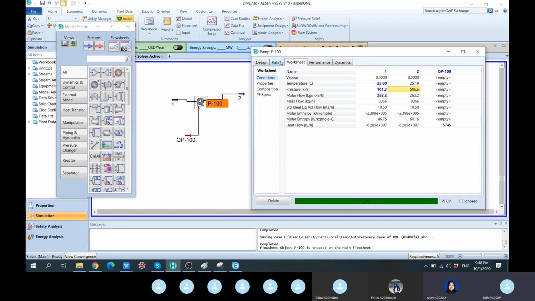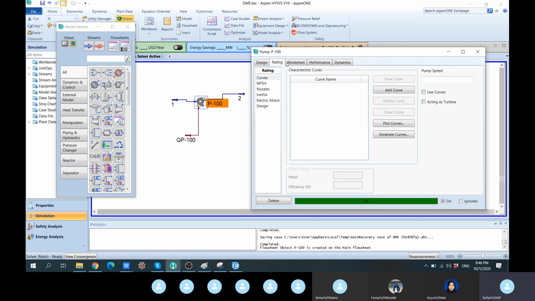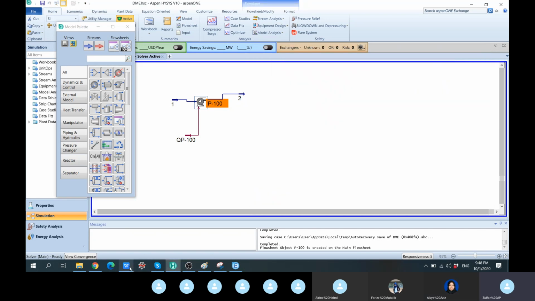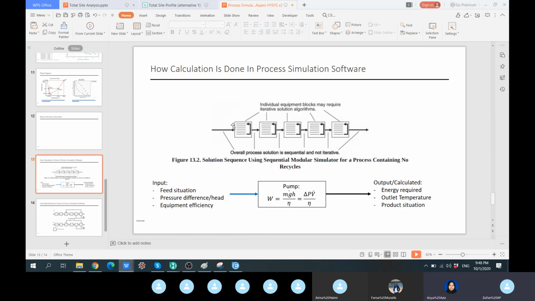Rating and the other curves we can talk about later, but now we focus on how this works. So we have specified the feeds, we have specified the pump, and the outlet of the pump is calculated. Then we put another unit operation the same way.